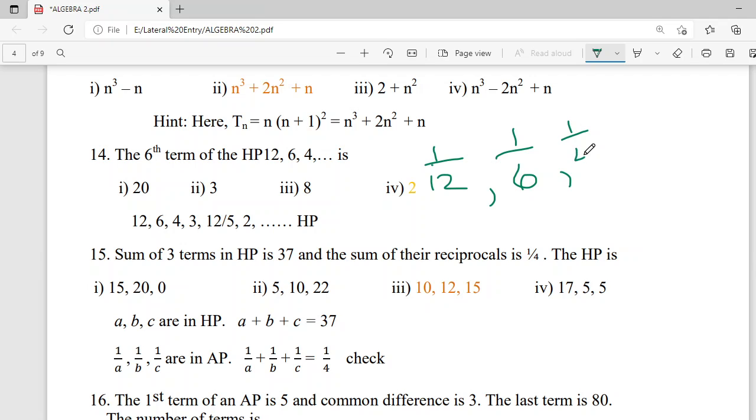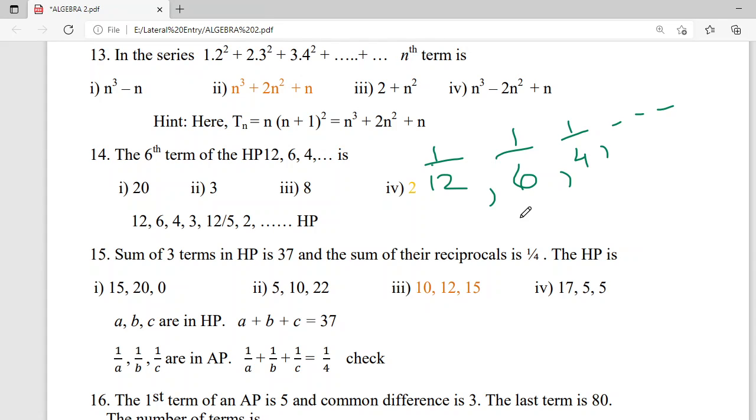This must be in AP, then only you can say it is HP. So check if they are in AP or not. So 1 by 6 minus 1 by 12, how much is this? It is 1 by 12. And 1 by 4 minus 1 by 6, this is also 1 by 12. So D is 1 by 12.